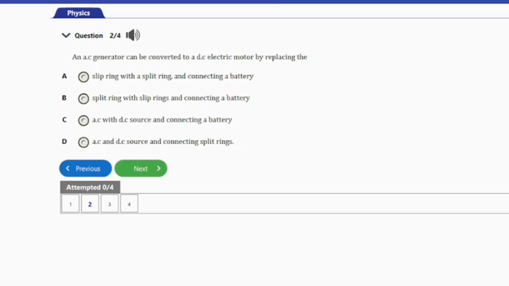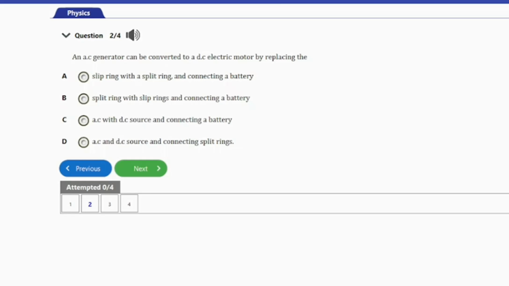D, AC and DC source and connecting a split ring. The answer to this question is option A here. By replacing the slip ring with a split ring and then connecting a battery, we can actually convert an AC generator to a DC electric motor. And that's it for this question.